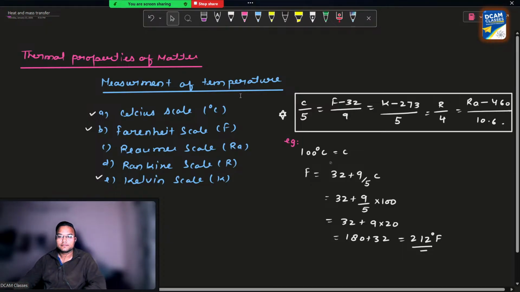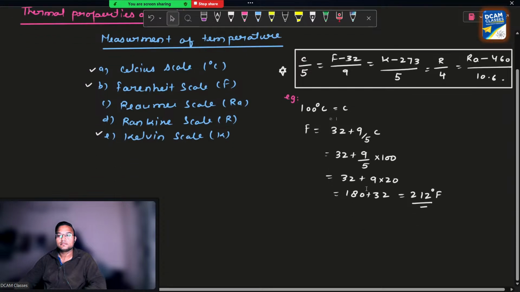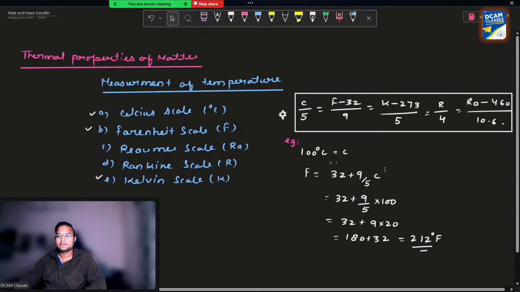What's the least value, like the melting point and boiling point of water in the Rankine and Reaumur scale? You can calculate it, no? If it is 0 degrees Celsius, for Reaumur also it will be 0 only, the lowest one. 100 means it will be 160.